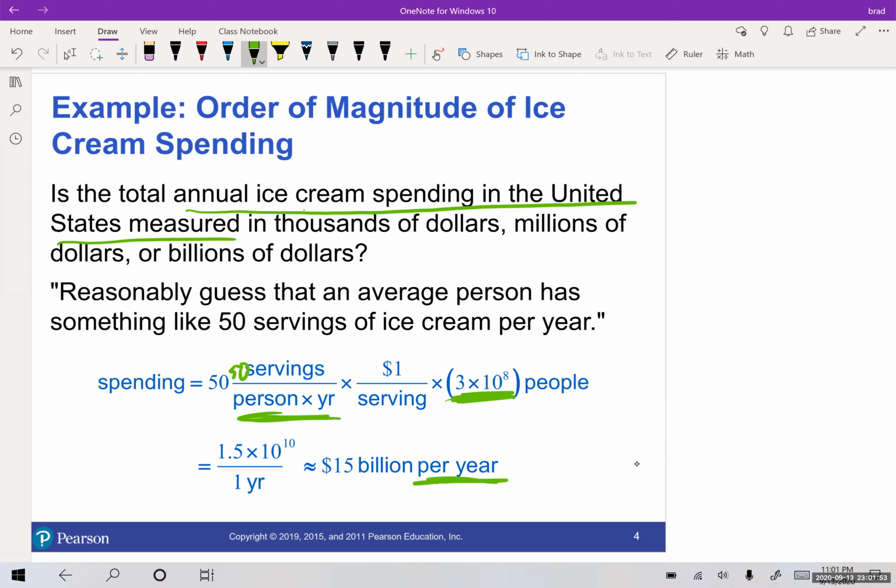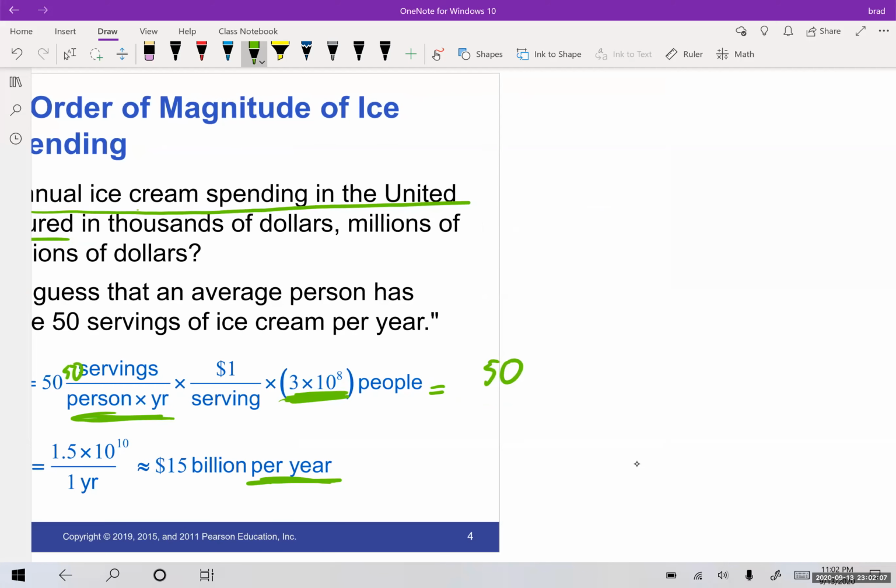Now, let's see here. Did they tell us the dollar amount? They just said it's $1 per serving. I don't see that anywhere. But what I'm going to do is I'm going to take this over here, and I'm going to do 50 servings per person times years.